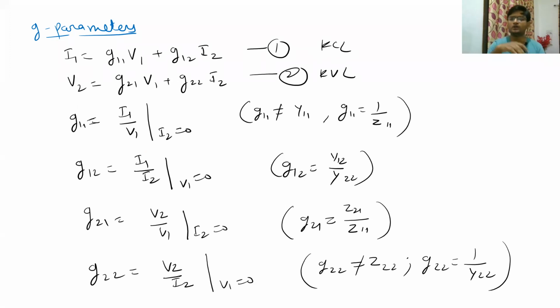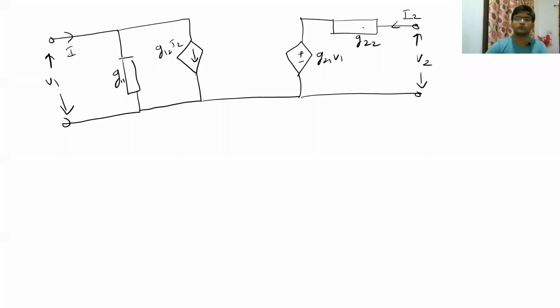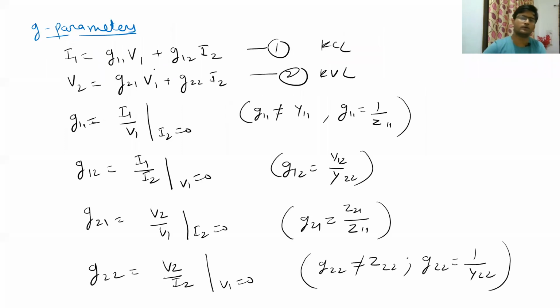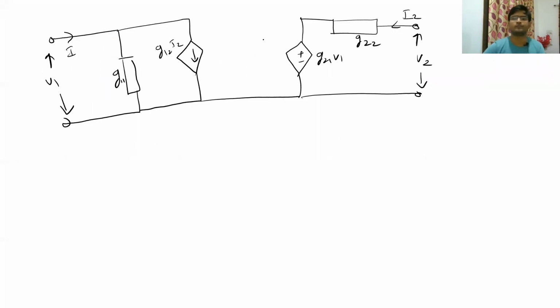It is just similar to the H parameter, just opposite. Quickly we will draw the equivalent circuit for G parameters as well. Input was KCL, so it will be a parallel circuit, and output was KVL, so it will be a series circuit. So it is represented like this.